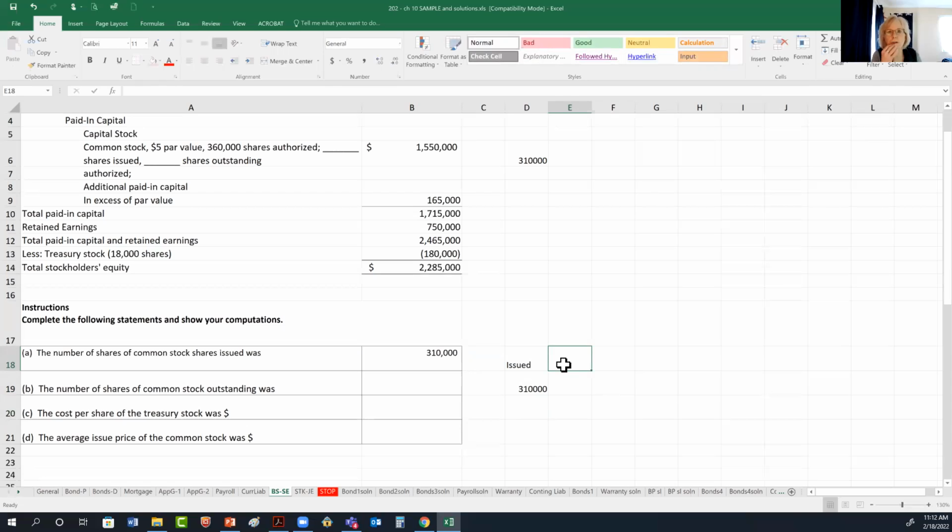Who was talking before Julie? Go ahead, Julie. Okay, so you take the issued minus the treasury stock. How many shares of treasury stock are there? 18,000. Okay. And you're going to get what?